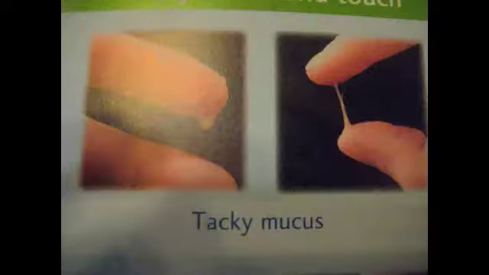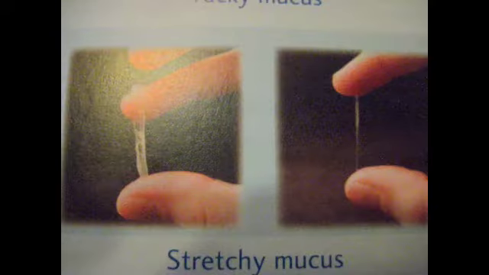Second sign is the cervical mucus. And this one's a little yucky, but I will have to show you with pictures. Less fertile mucus. This is the cervical mucus. You can wipe with toilet paper and then get it between your fingers like this.